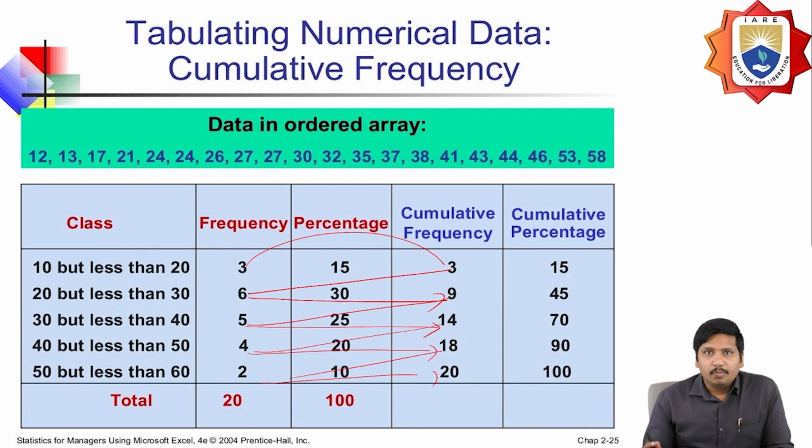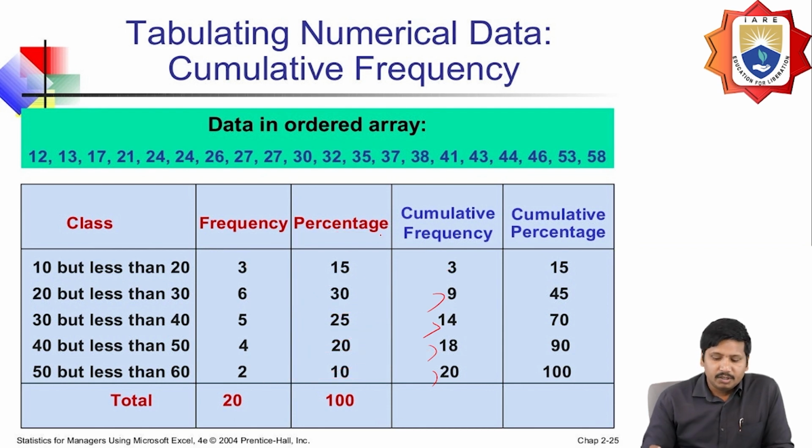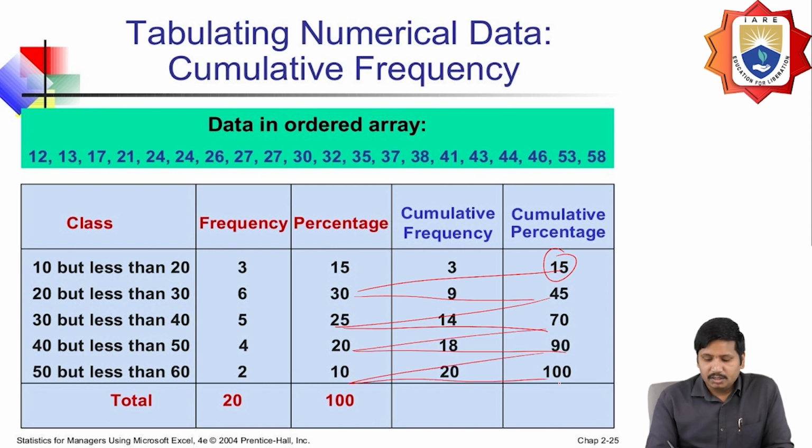And similarly the cumulative percentage. How is the cumulative percentage obtained? 15, 15 plus 30, 45, 45 plus 25, 70, plus 20, and 90 plus 10. Then these are the cumulative frequencies and percentages.